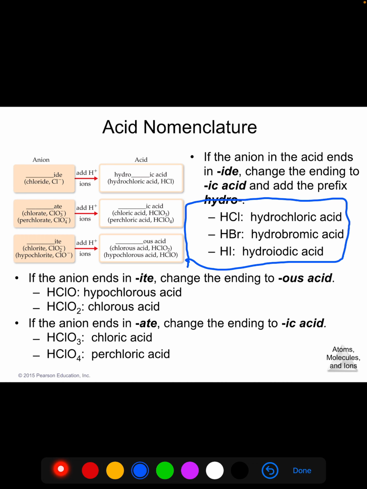Okay? Lewis base acids, Arrhenius acids, etc. And the hydrochloric, hydrobromic, hydroiodic are very common acids.